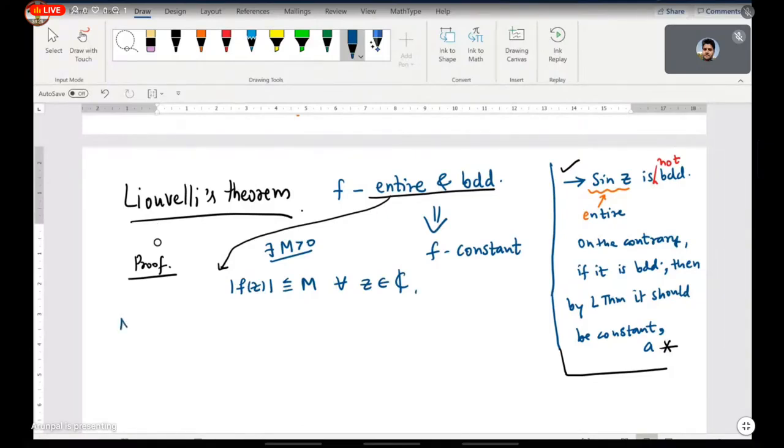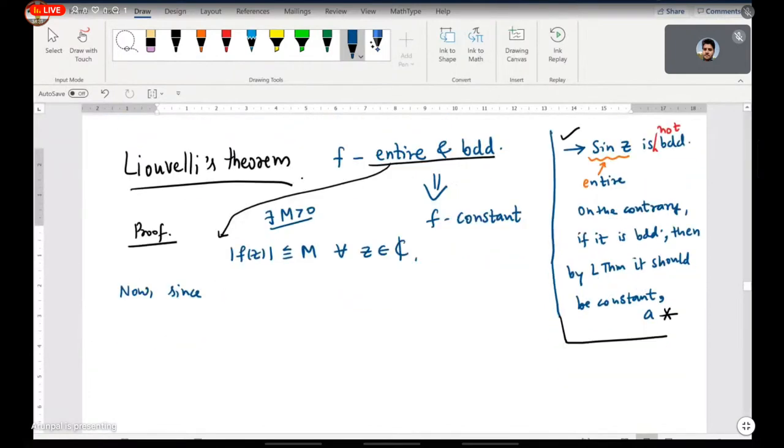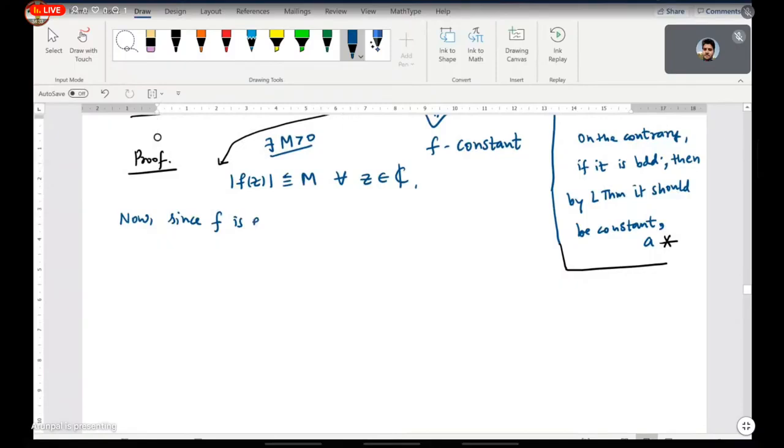Now, since f is entire, it is analytic in B(z, r) for all z in C and for all r greater than 0.